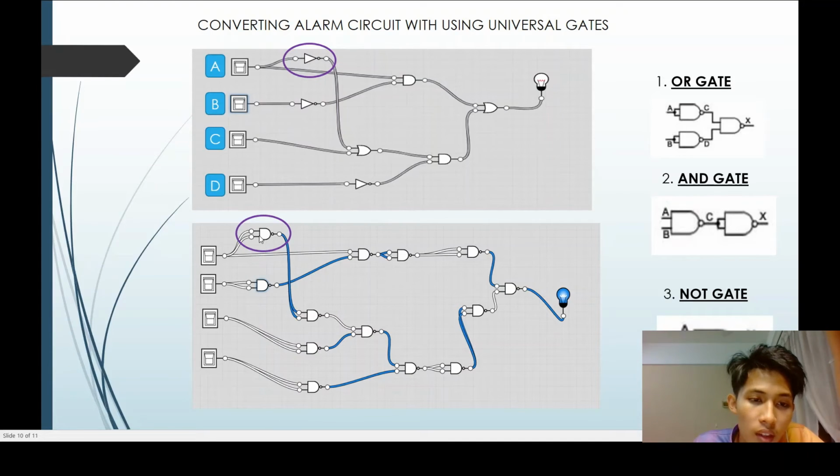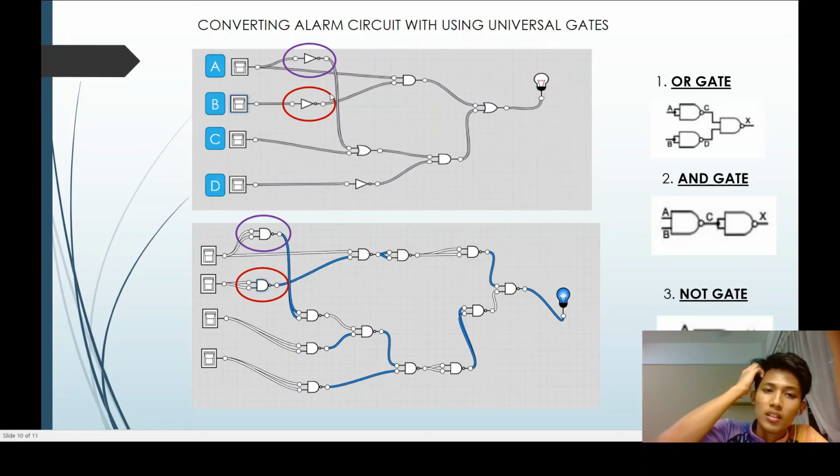So we already changed this one, and then the next one is another NOT gate. Also the same situation. We just replace it with the NAND gate, but only use the one same input, which is B here.